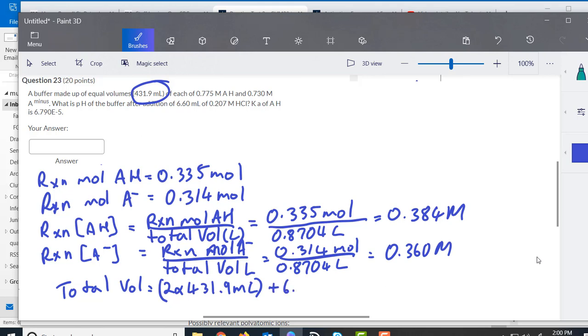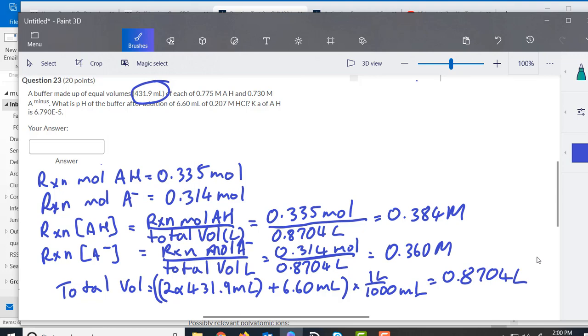And we'll add into that the amount of HCl being added, and then convert that into liters, so times 1 liter over 1,000 mL, and that's how we're getting 0.8704 liters for the total volume of solution. So the 0.384 and the 0.360, that's going to be our concentrations of AH and A- respectively, after the reaction with H+.